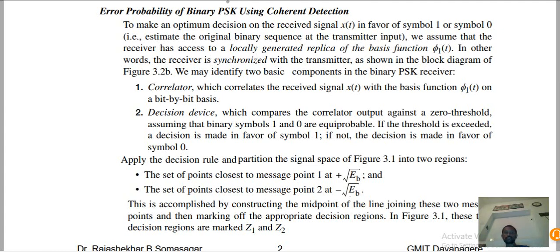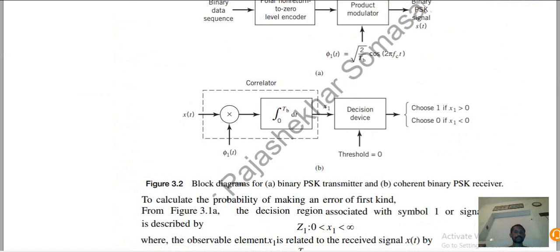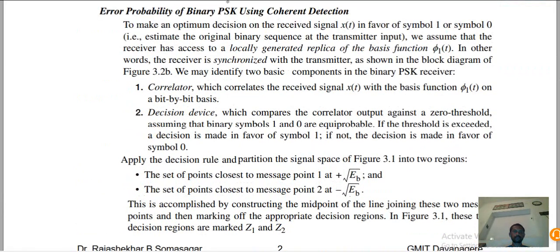In other words, the receiver is synchronized with the transmitter, as shown in the block diagram of figure 3.2b. This is the phi 1 of t sent, the arrow mark is showing.